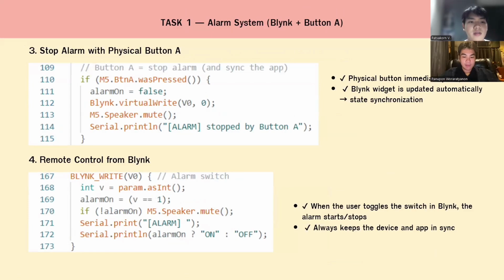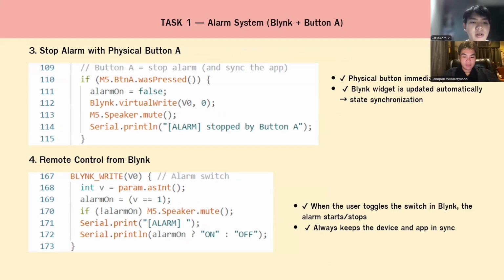Next, to make the alarm beep, I didn't use delay because delay would freeze the program. Instead, I used a non-blocking timer using the millis function. The code checks if 1 second has passed.